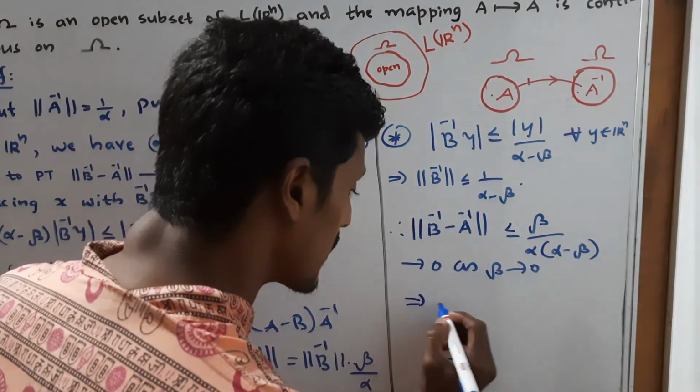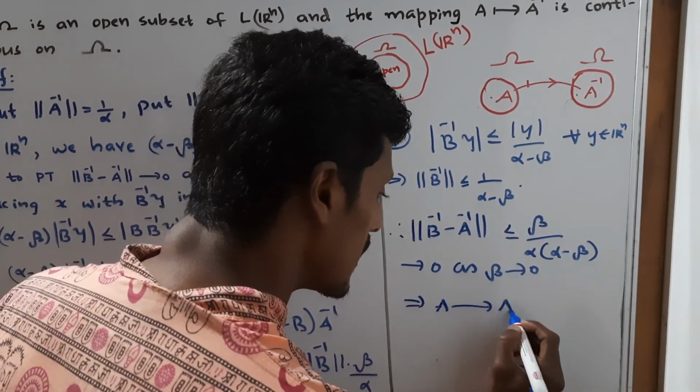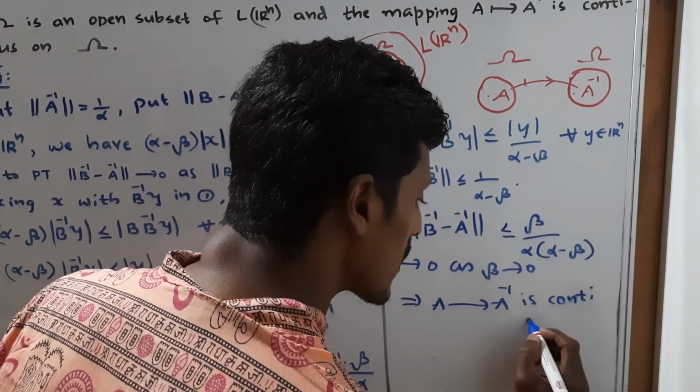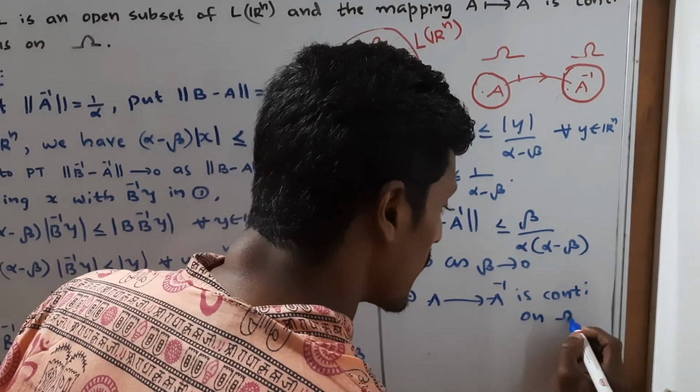This implies the mapping which takes A to A inverse is continuous on omega, and that is the proof.